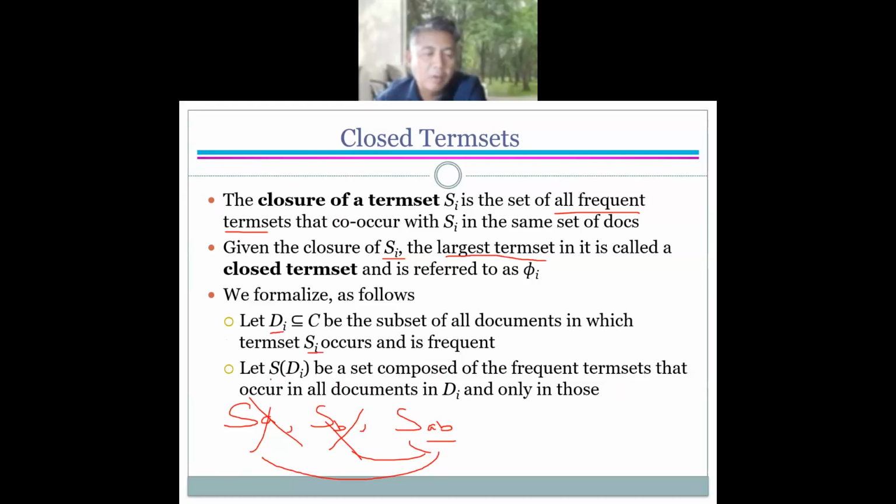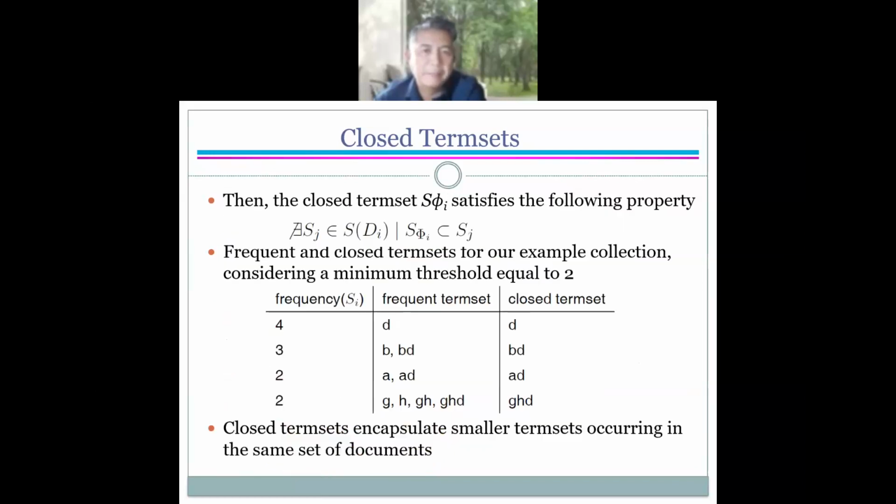So meaning that we will take all the documents considered in here and check whether that document exists in here or not. Okay, let me give you an example here.